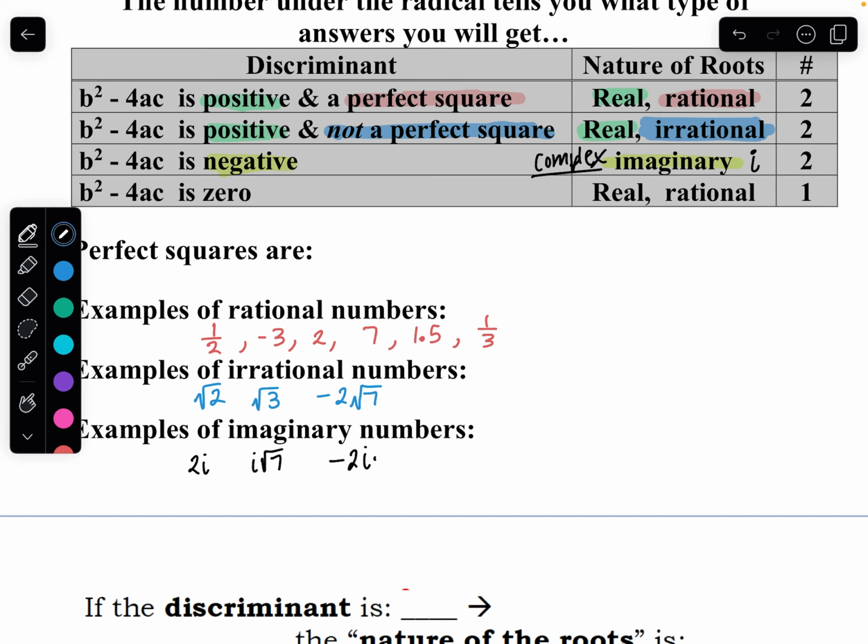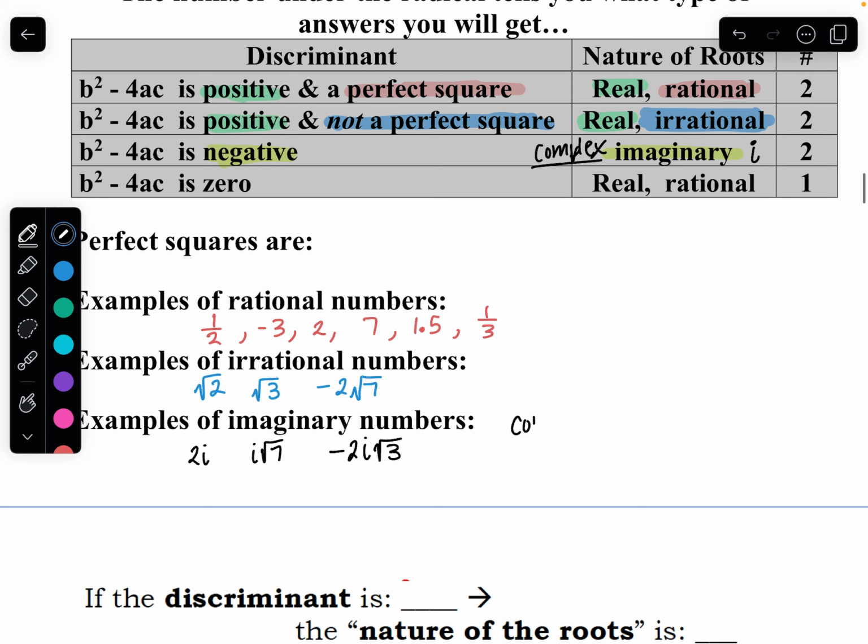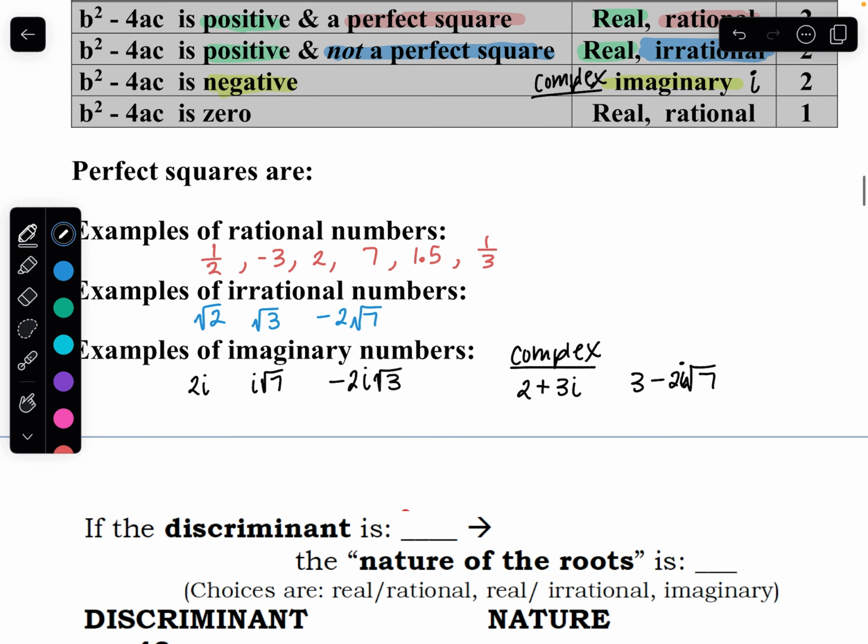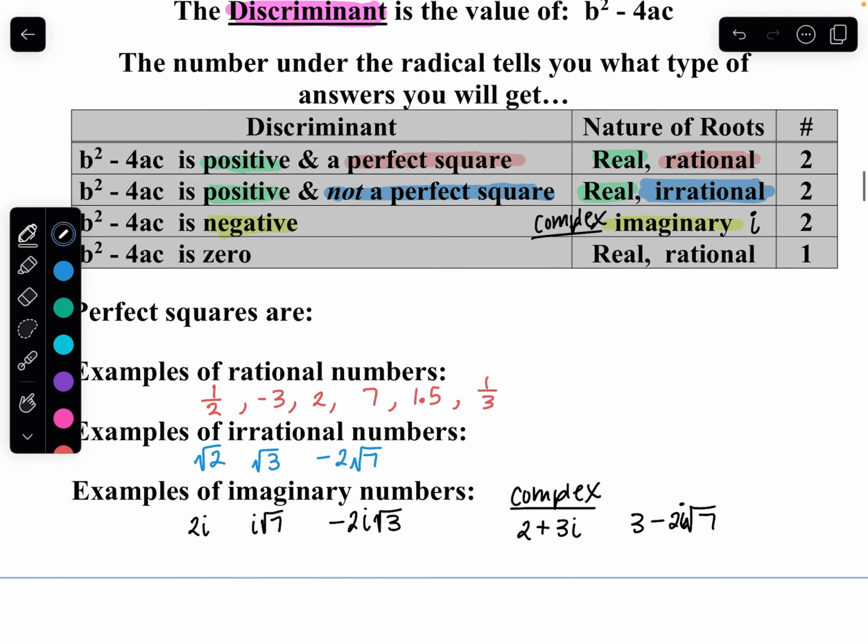Any part where i shows up is going to be imaginary. Remember, complex numbers have a real part as well, so like 2 plus 3i, or 3 minus 2i square root of 7. Anywhere i is, whether there's a square root or not, that's considered a complex number.